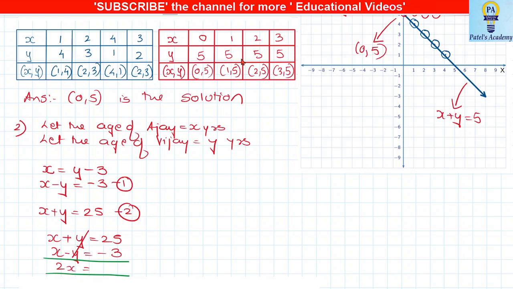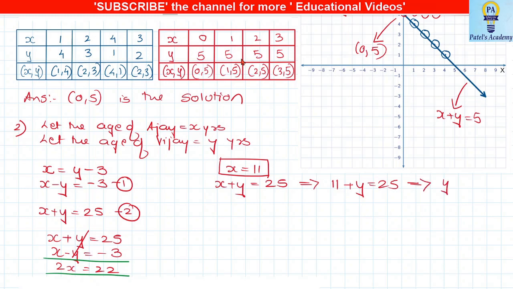We get 2x equals 22, x equals 11. And this value of x, if I substitute in the equation x plus y equals 25, that is 11 plus y equals 25. After I shift, what I get is y as 14.